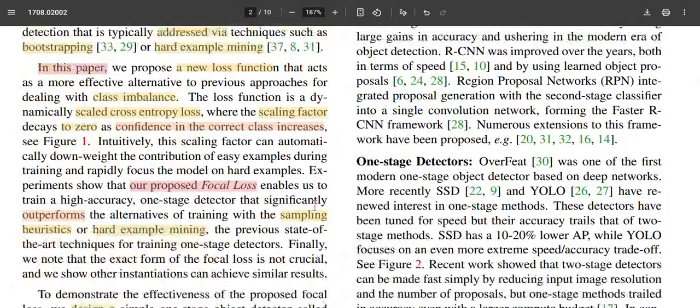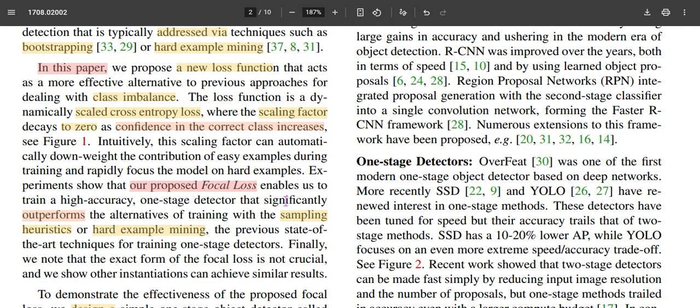So this paper tries to address that issue by modulating the cross entropy loss, introducing a scaling factor, which can be decayed to zero at the later stage, but in the initial stage needs a significant value so that it suppresses the easy examples and puts more effort on the hard examples. This is the main contribution.